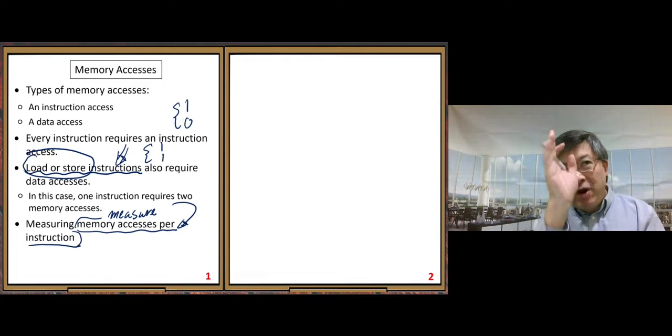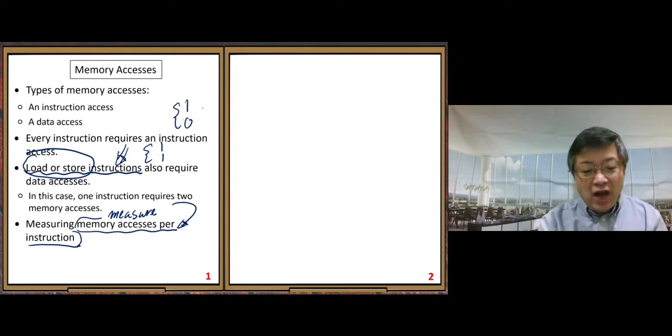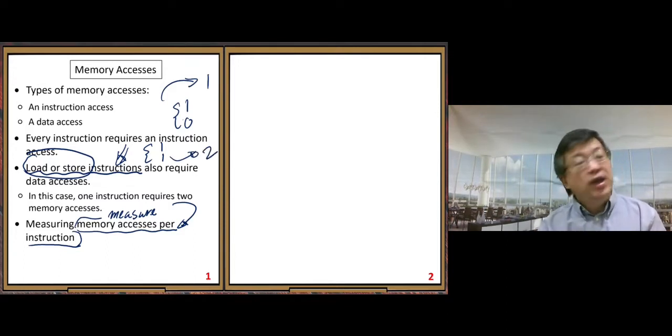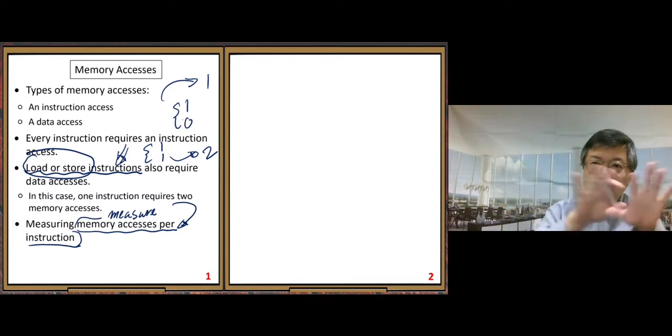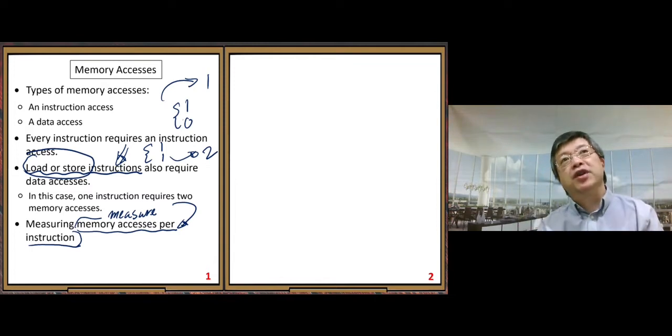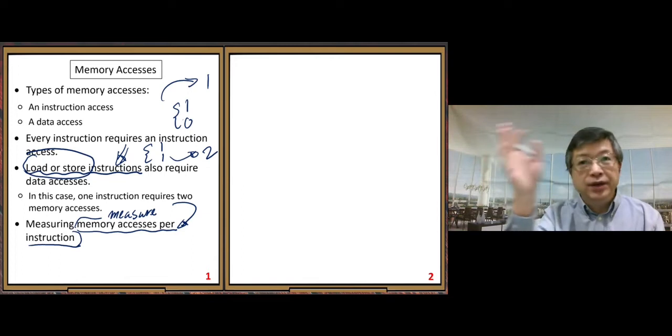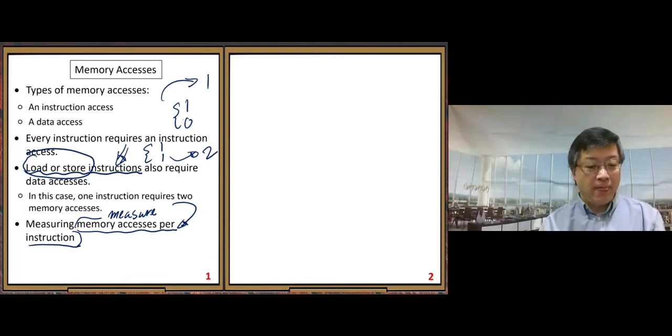For this type of instruction, memory accesses per instruction is 1. For this type, it is 2. But we need to take the average: we consider all the possible instructions and then take the average. So it should be 1 point something, between 1 and 2.